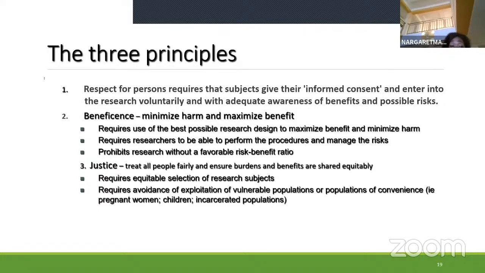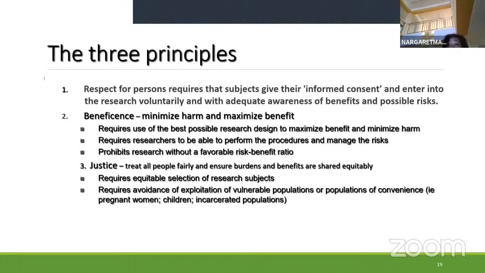It requires that researchers are able to perform the procedures and manage the risk, i.e. they're adequately trained and experienced, not just putting anybody who is not familiar with the method you want to use in the study, or able to quickly observe any anomaly or abnormality that needs to be addressed. And any research without a favorable risk ratio is not acceptable.